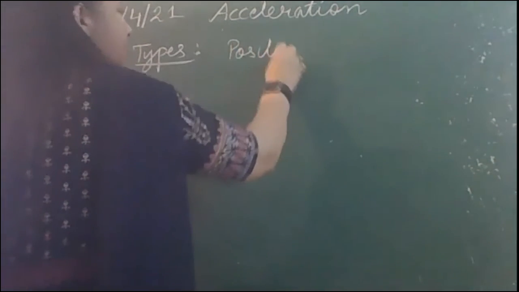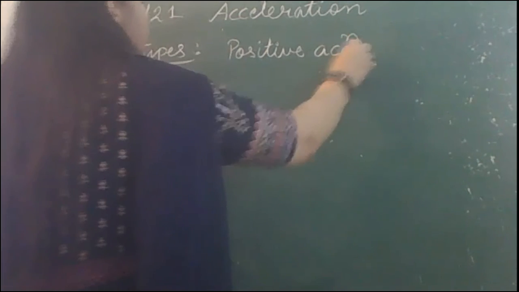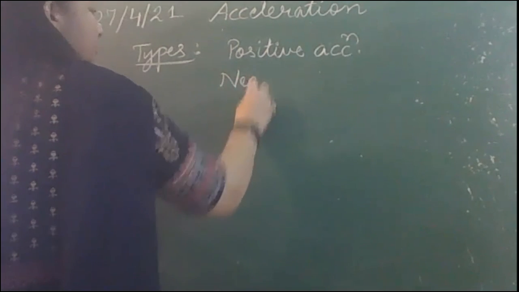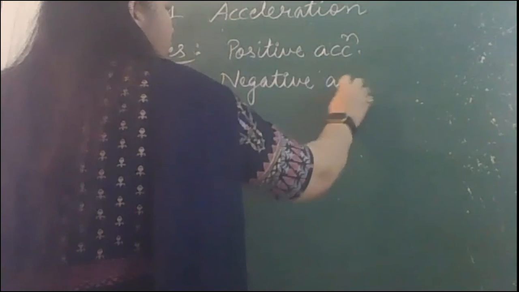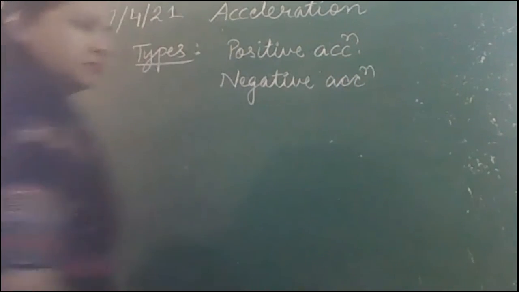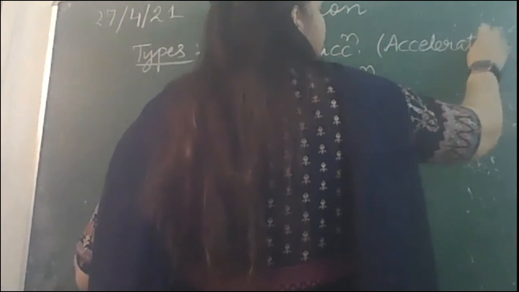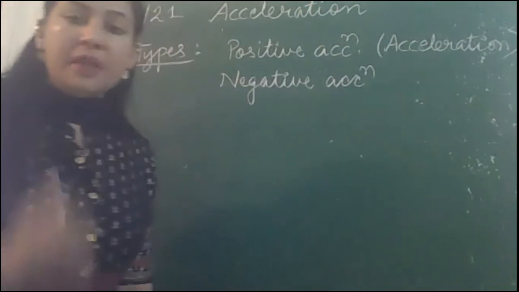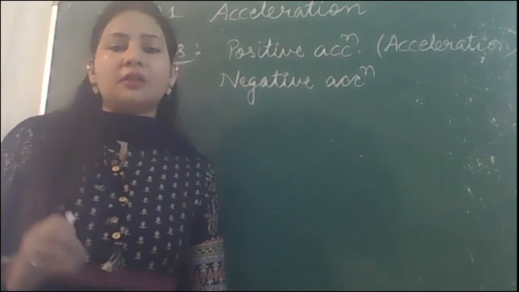Positive acceleration and negative acceleration. Positive acceleration is simply called acceleration. So whenever we are using the word acceleration, we mean positive acceleration. जब हम simply acceleration word use करते हैं, इसका मतलब हम positive acceleration की ही बात कर रहे हैं.